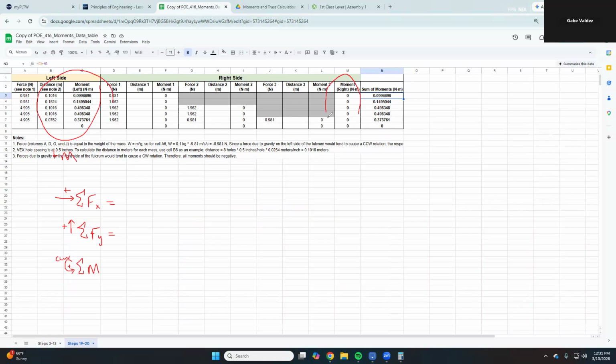All the moments on the right-hand side will be negative moments because they will generate clockwise rotation. And on the left-hand side, you're going to generate counterclockwise rotation, or by convention, positive. So that way, when you sum them up, it equals 0.